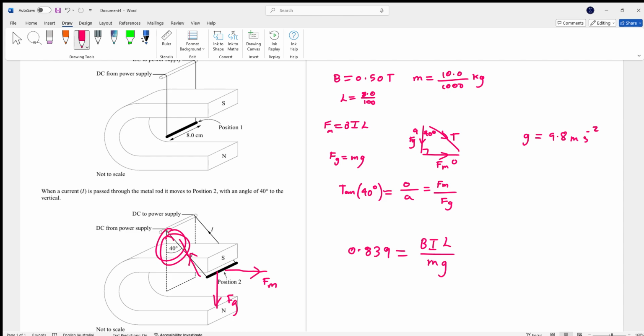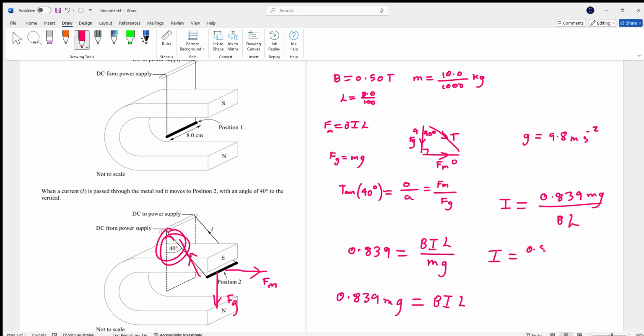So multiply both sides by the mass and gravity, which equals BIL, and then divide both sides by B and L. So you have the current equal to 0.839 mg over BL.